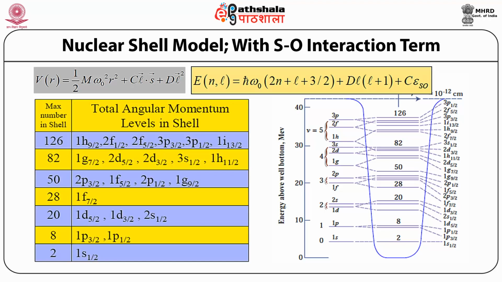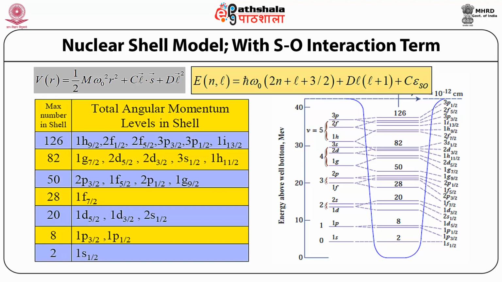Now when we use this resultant potential and solve the Schrodinger wave equation, the energy eigenvalues come as E_nl equals h bar omega 0 times (2n plus L plus 3/2) plus D L times (L plus 1) plus C epsilon spin orbit.